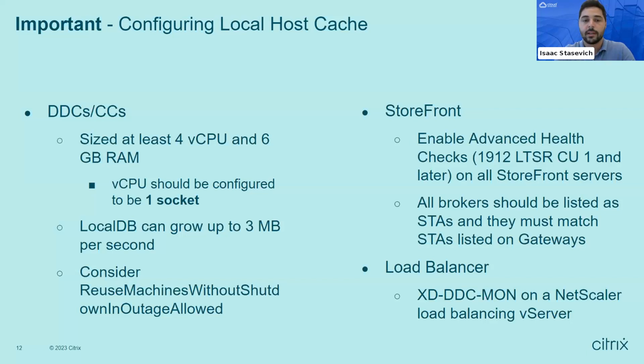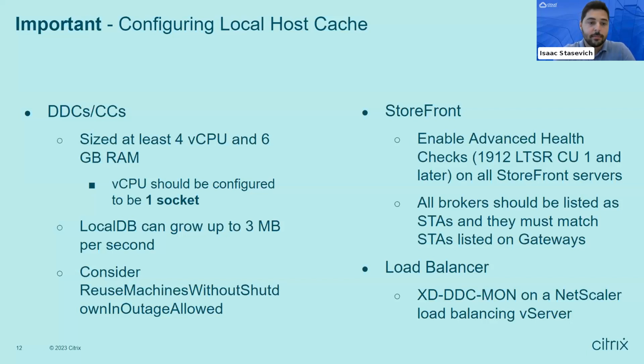It's definitely recommended that you go through and enable that advanced health check. And we're looking at getting that as the default setting moving forward, coming up in the product. Also important for normal operations, but just as important for localhost cache, is that you should have all of your brokers listed as STAs, and the STAs have to match what is listed on the gateways.